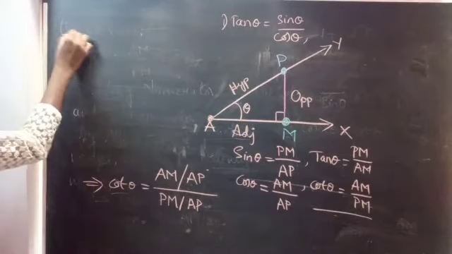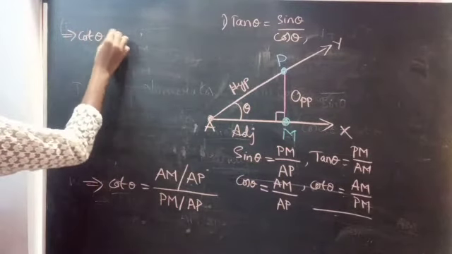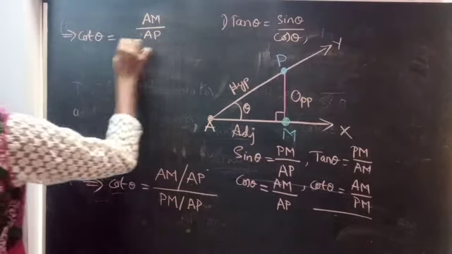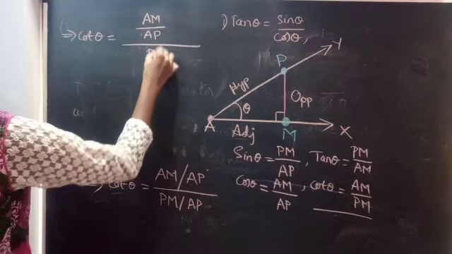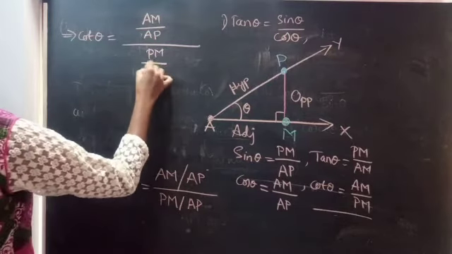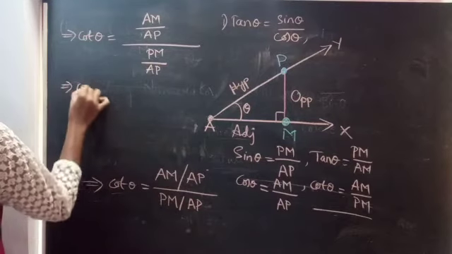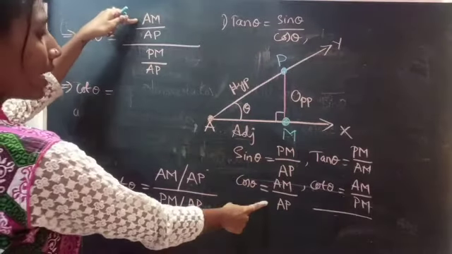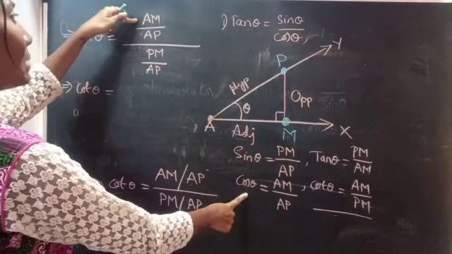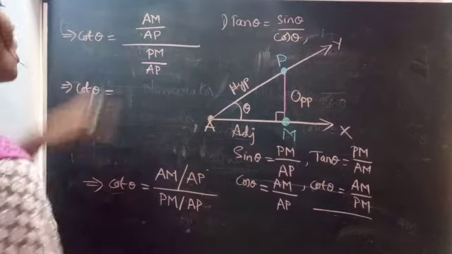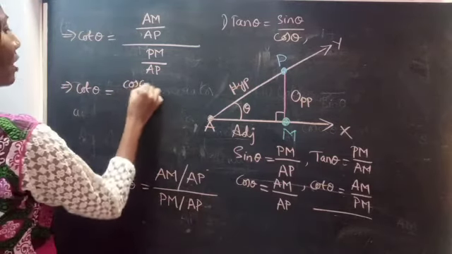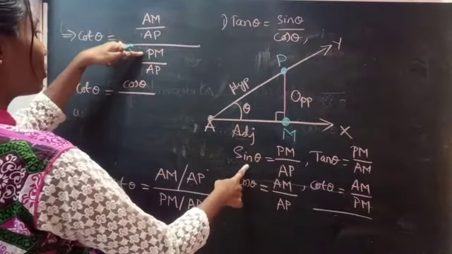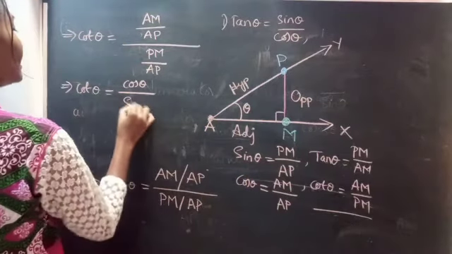So this implies cot theta is equal to AM by AP, PM by AP. This implies cot theta is equal to, you have AM by AP is cos theta, so replace AM by AP with cos theta. Cos theta by PM by AP is sine theta, so replace it with sine theta.